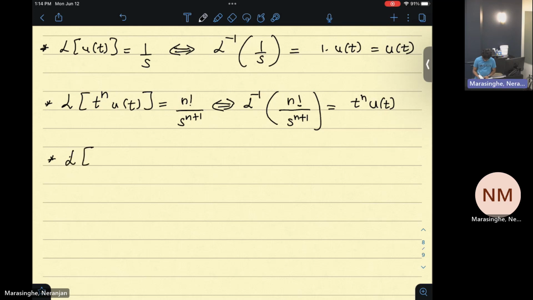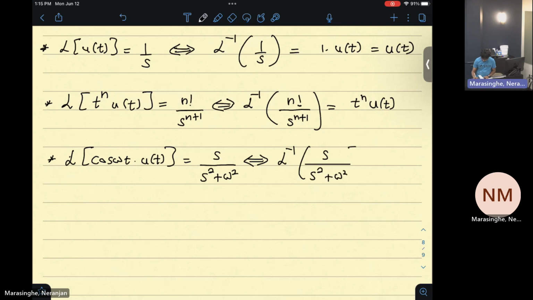Similarly, the Laplace transform of cosine omega t u(t) is going to be equal to s divided by s squared plus omega squared. That means if you take the inverse Laplace transform of s divided by s squared plus omega squared, you would get cosine omega t u(t).